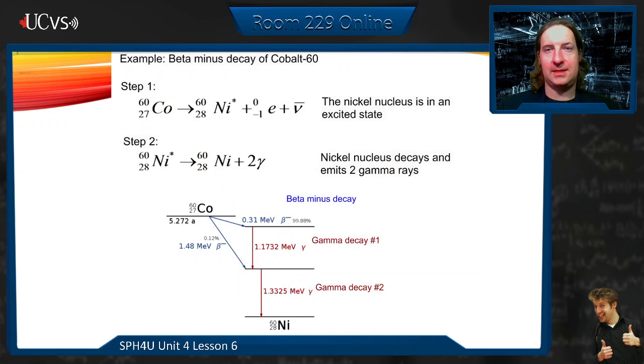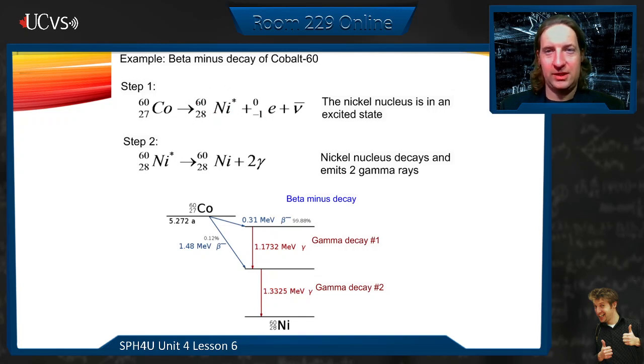Cobalt-60 decays via beta minus decay. It goes from cobalt, which is 27. One of the neutrons inside cobalt changes to a proton and it becomes nickel. This gives a new excited nickel state.